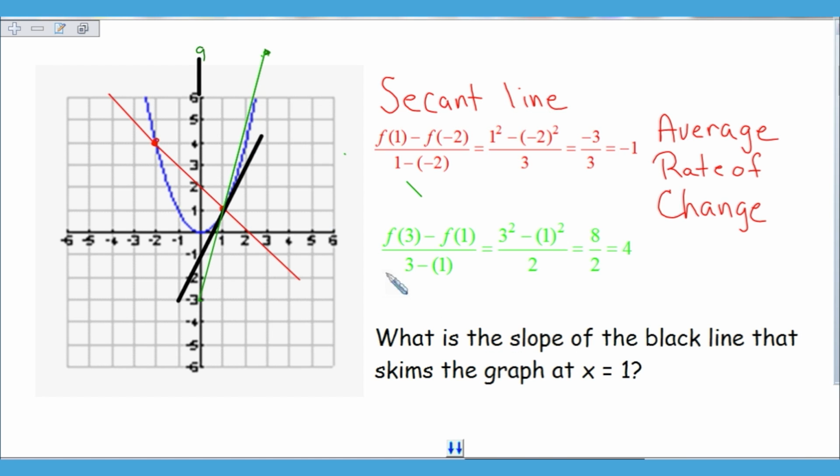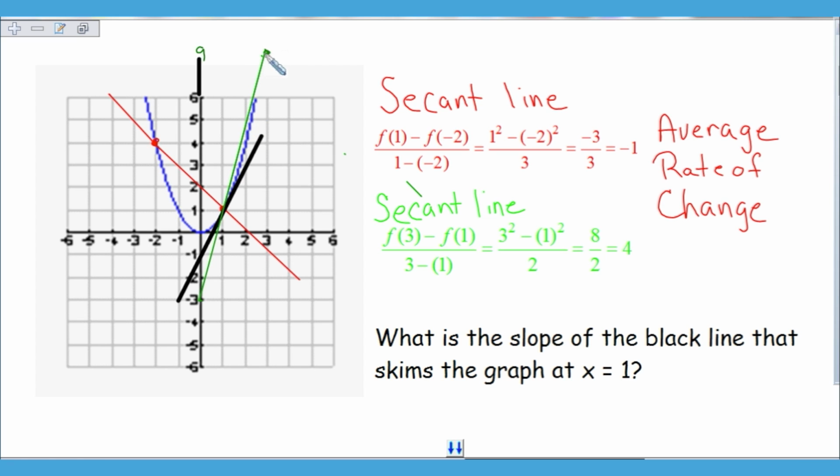Let's do that. So this is also a secant line, but this is a secant line between x = 1 and x = 3. You can tell what the points are because they're in function notation right there, and they're also at the bottom. So this is a secant line between (1, 1) and (3, 9).